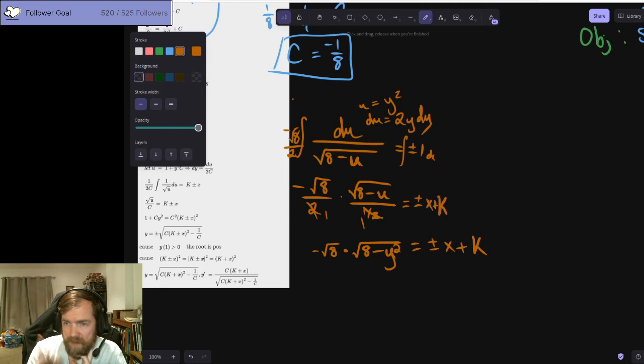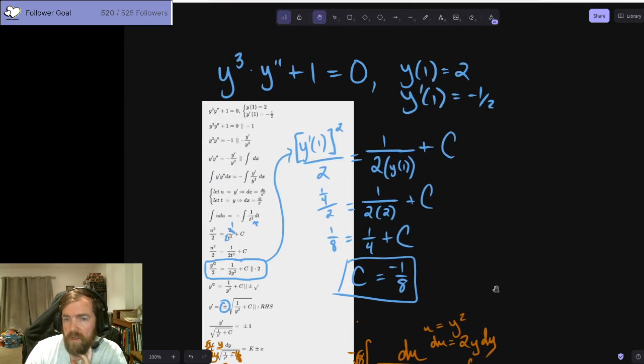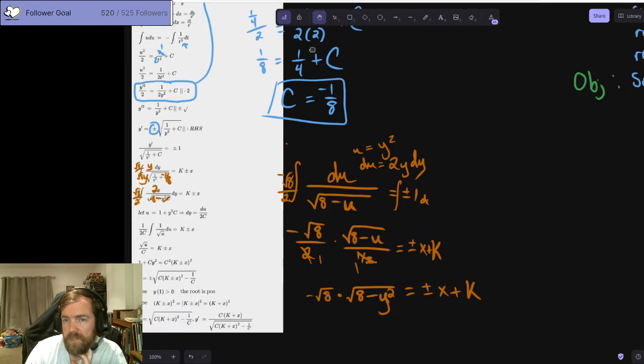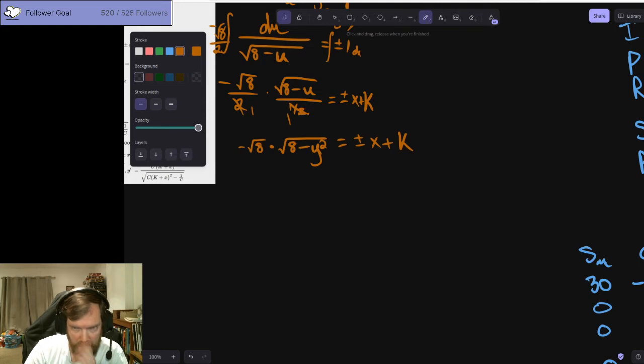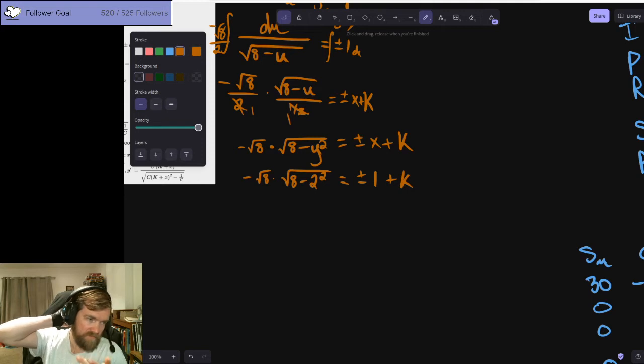And then you have 1, right? Y at 1 is 2. So negative root 8 times root 8 minus 2 squared. Hey, that's actually a nice number. It's plus or minus 1 plus k. So, should work.